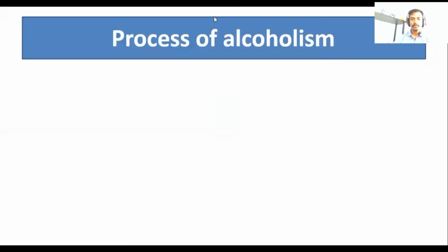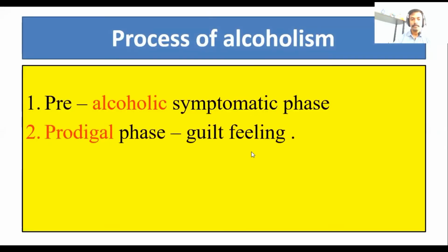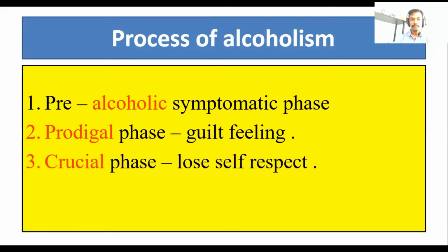Next, process of alcoholism. Pre-alcoholic symptomatic phase, which means this is the first phase. They intake alcohol at the time of celebrations or friendship like this. Then prodromal phase. After that, the person feels guilty if not taking alcohol. Then crucial phase, loss of self-respect. In this phase, they do not respect themselves, only the alcohol.